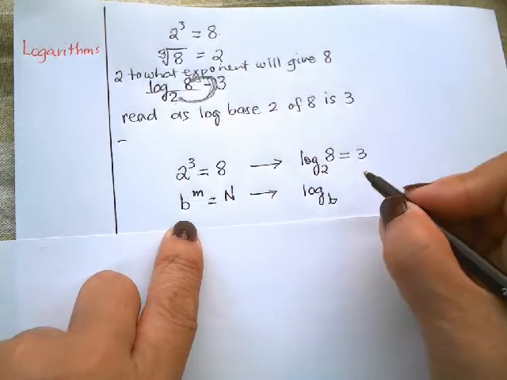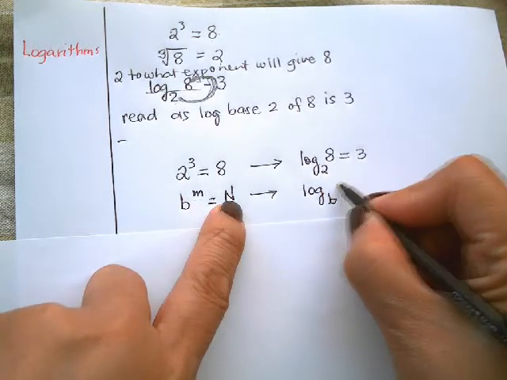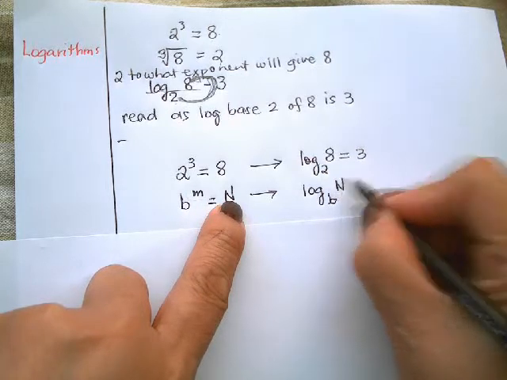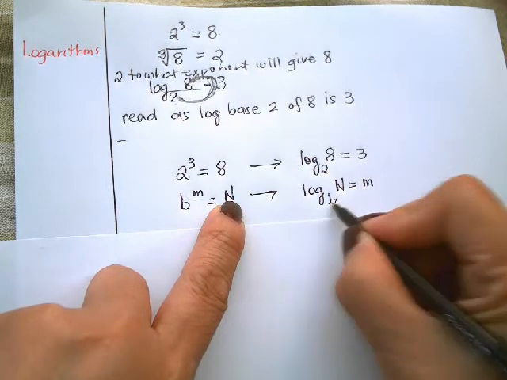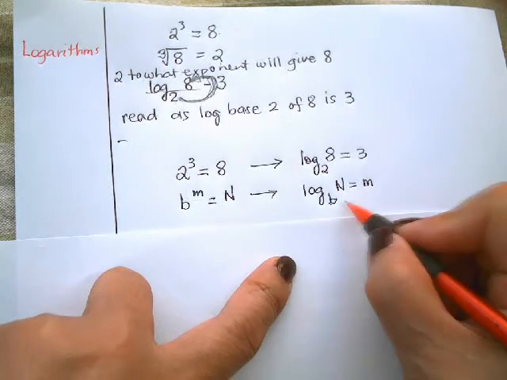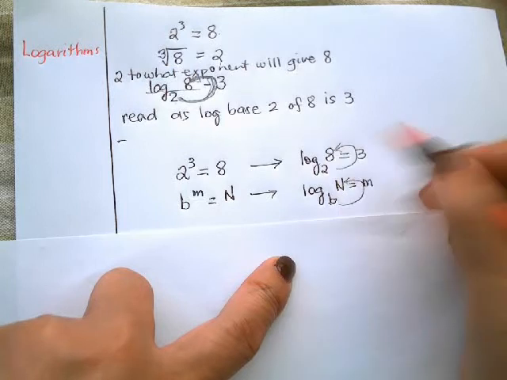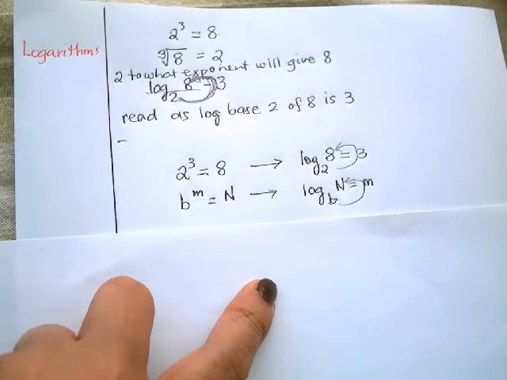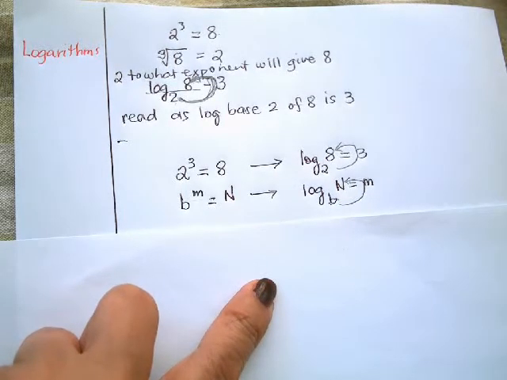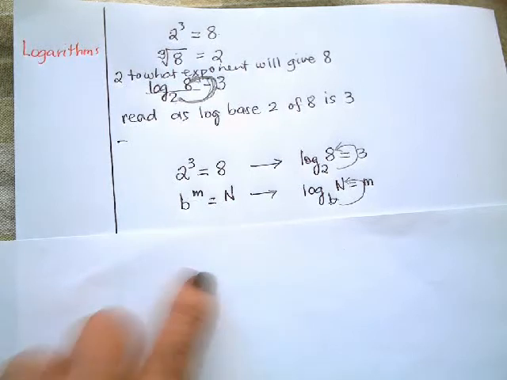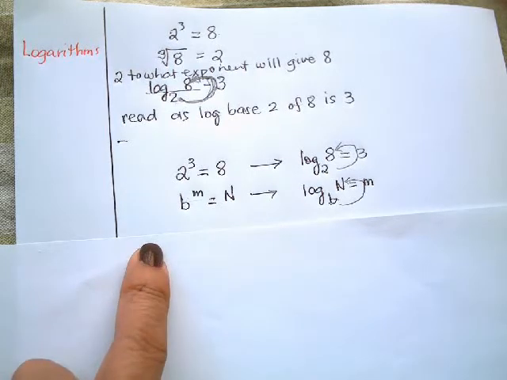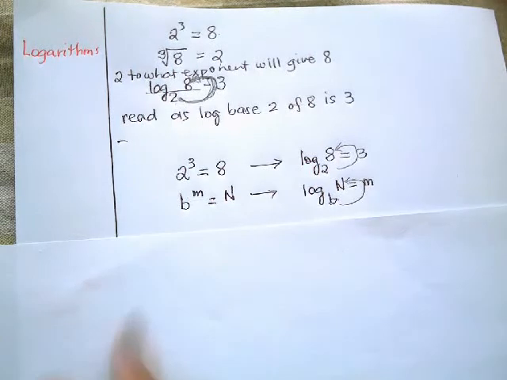Log base b of n is m. So b to the m is n. I told you that's how you always look at it: 2 to the 3 is 8, b to the m is n. And one restriction here in logarithms: the base should always be positive.